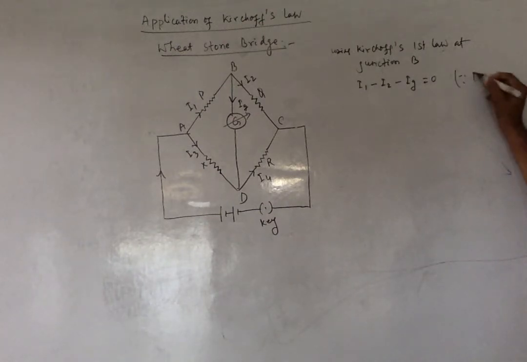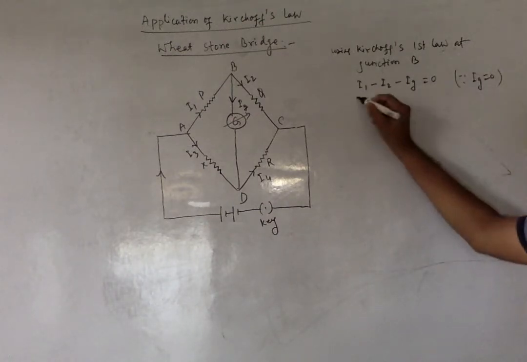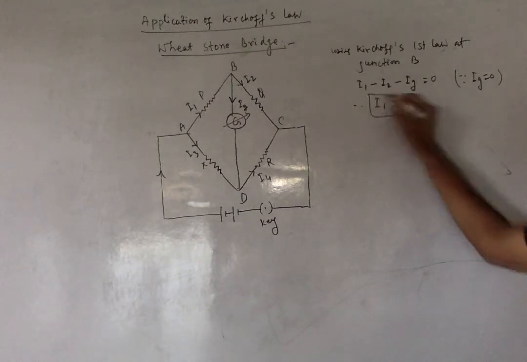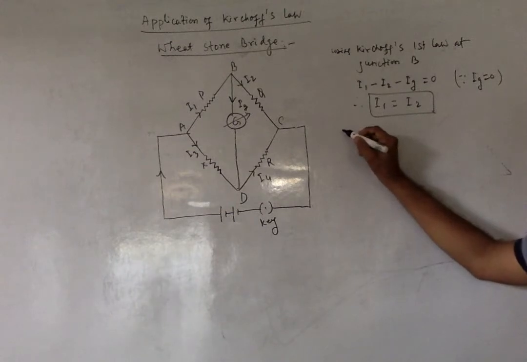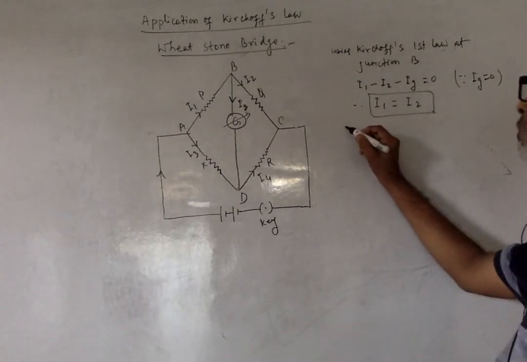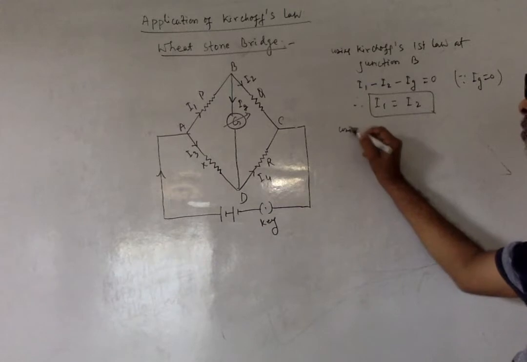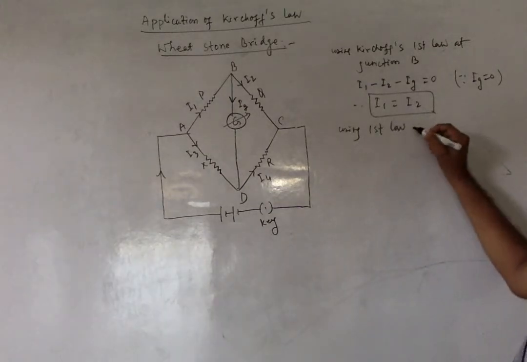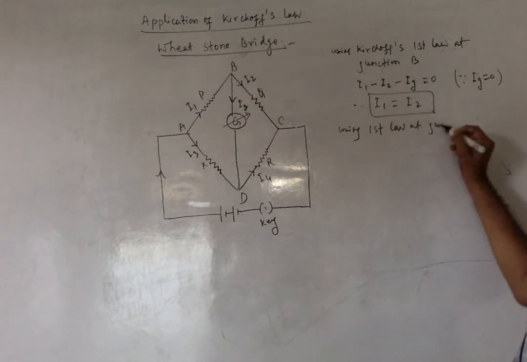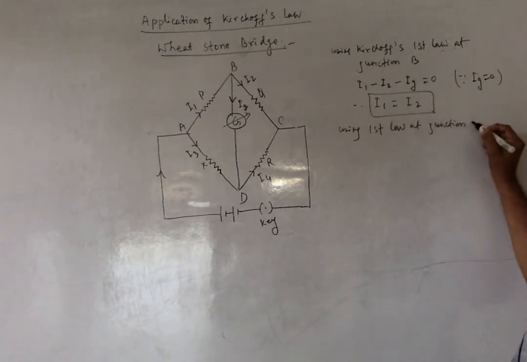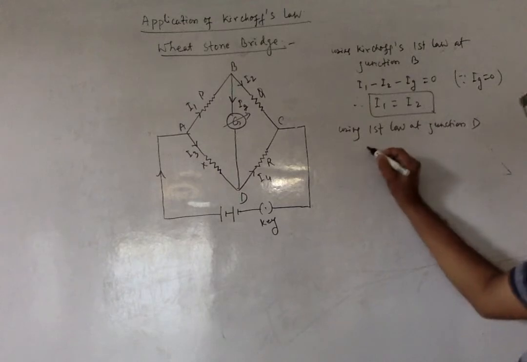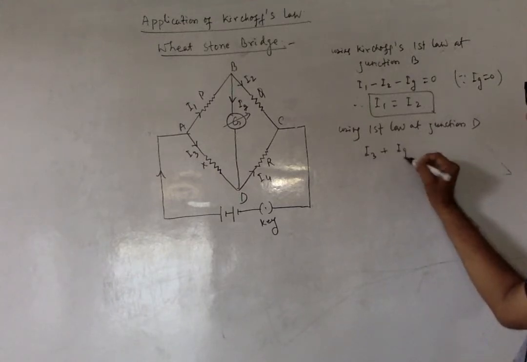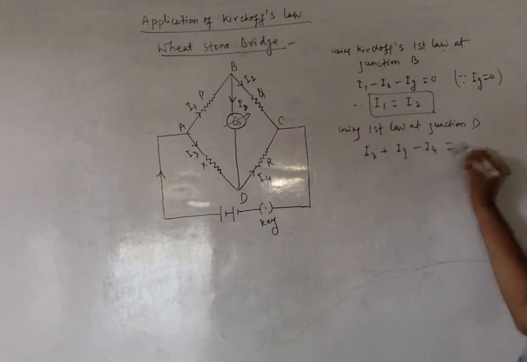Since Ig equals 0, therefore I1 equals I2. Using Kirchhoff's first law at junction D, I3 plus Ig minus I4 equals 0.